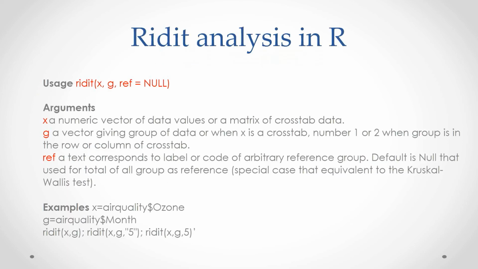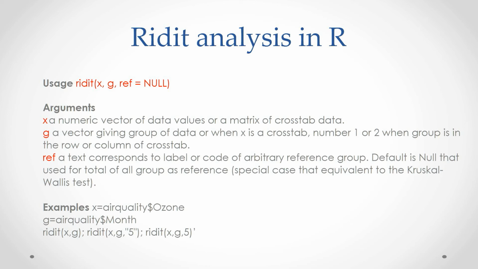This can be done by using the ridit function from the ridit library of R. The usage of the ridit function is highlighted on this slide. So, the usage is ridit(x, g) with an optional reference argument, where x is a numeric vector of data values or a matrix of crosstab data.